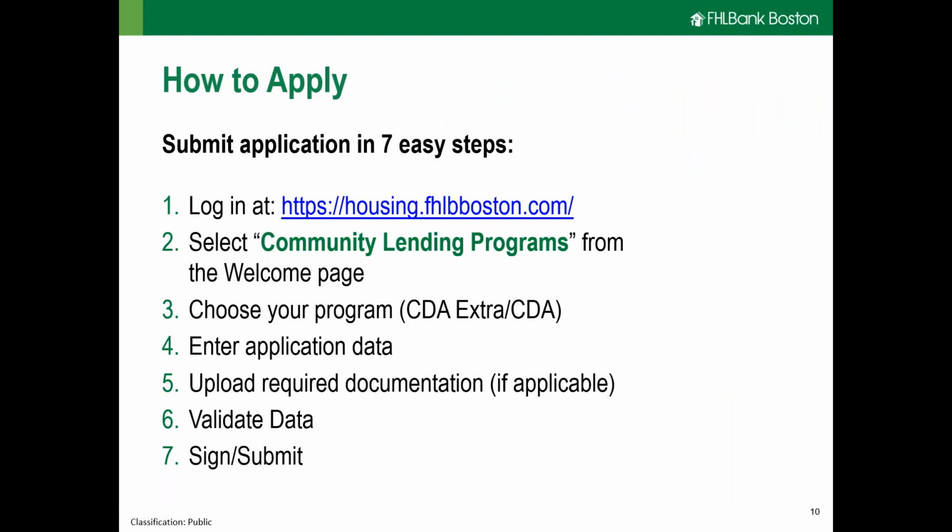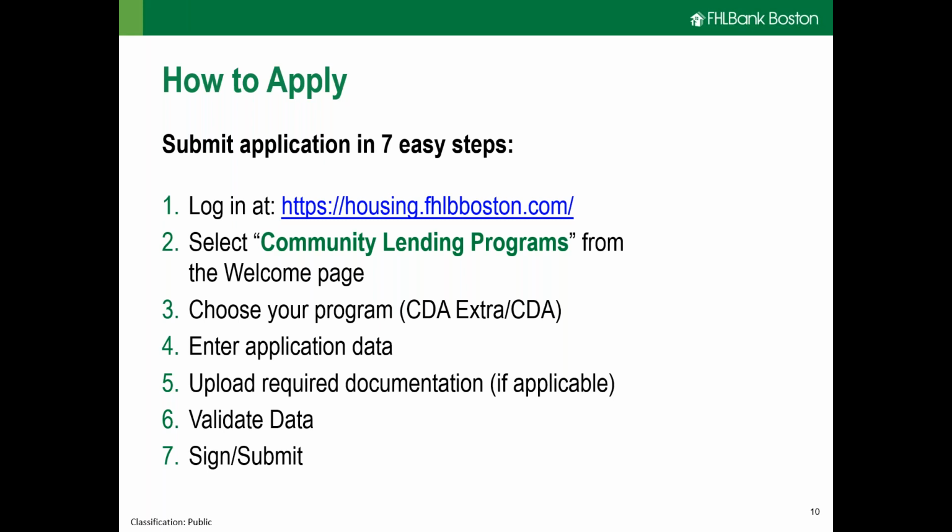In terms of the process for applying, it's really straightforward. The application is designed to collect data primarily. So you're going to enter data information that's specific to the application based on its type. And once you engage, you're going to select the community lending programs option. That option will give you access to the suite of CDA application types, and you're just going to select the type that aligns with the activity that you're trying to get approval for.